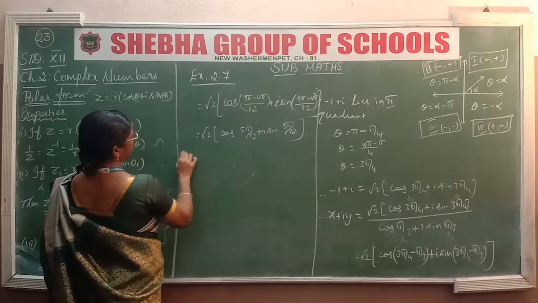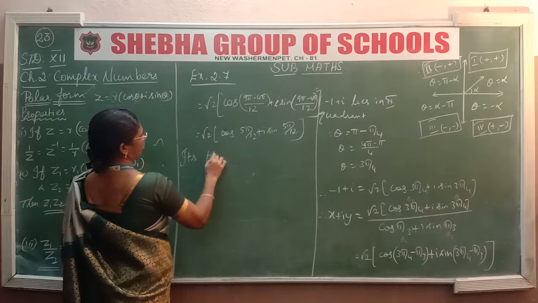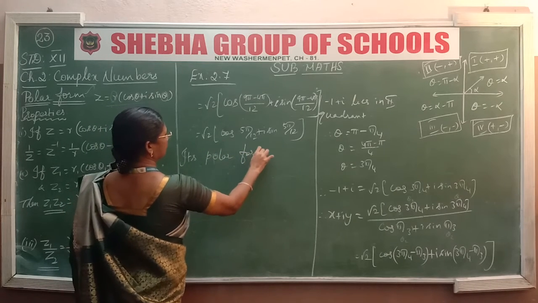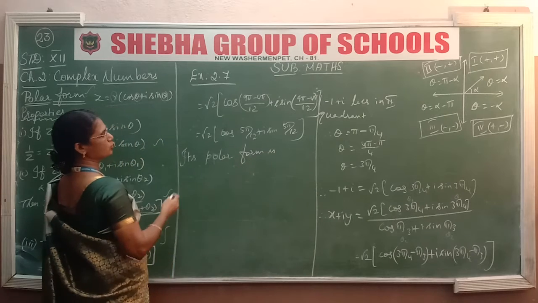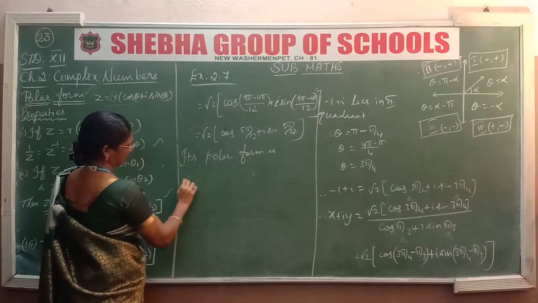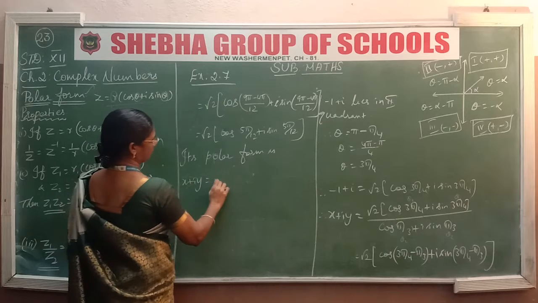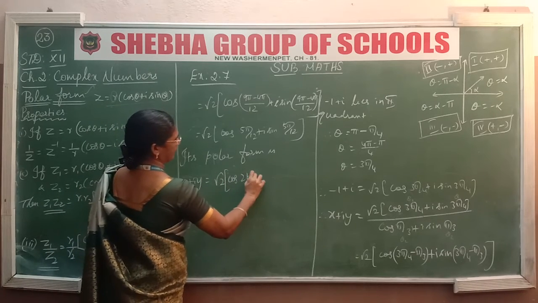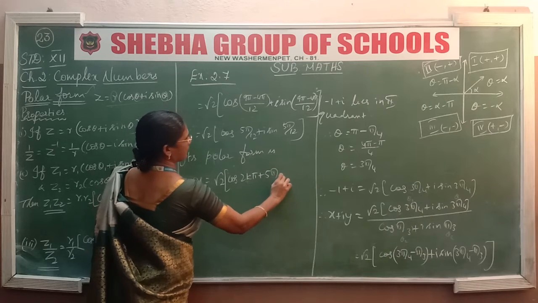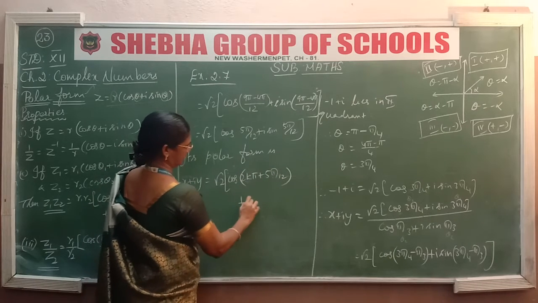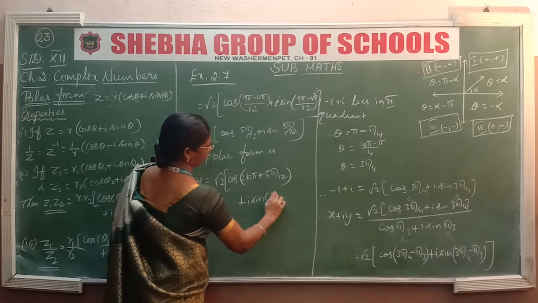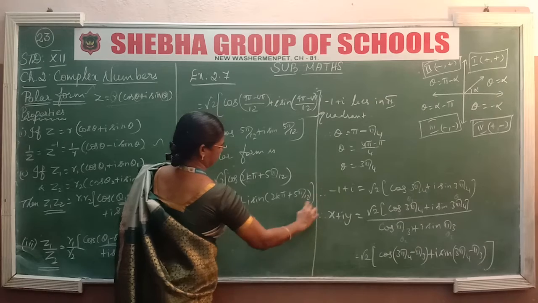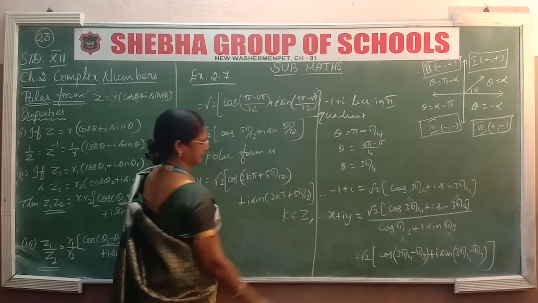Next its polar form: now only we have to add 2k pi with this argument, that is x plus iy is equal to root 2 into cos of 2k pi plus 5 pi by 12 plus i sin of 2k pi plus 5 pi by 12. Our k belongs to integer.